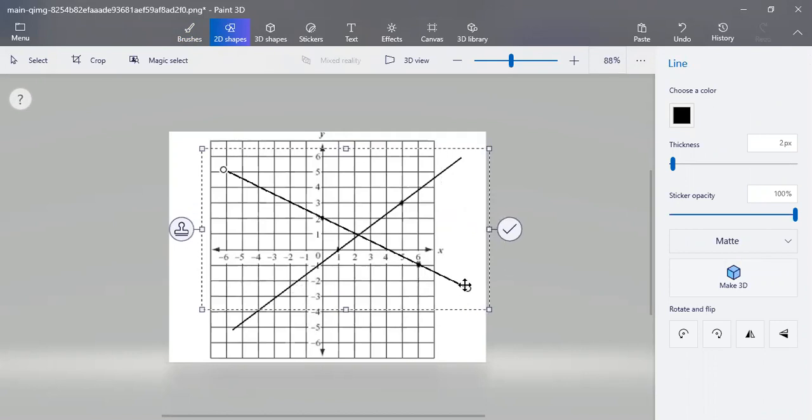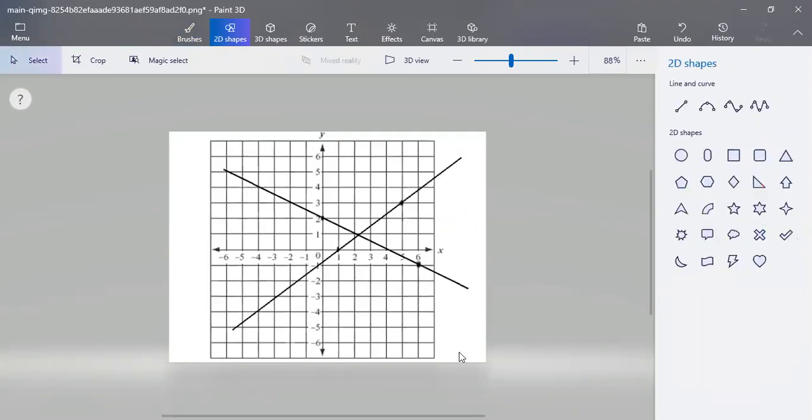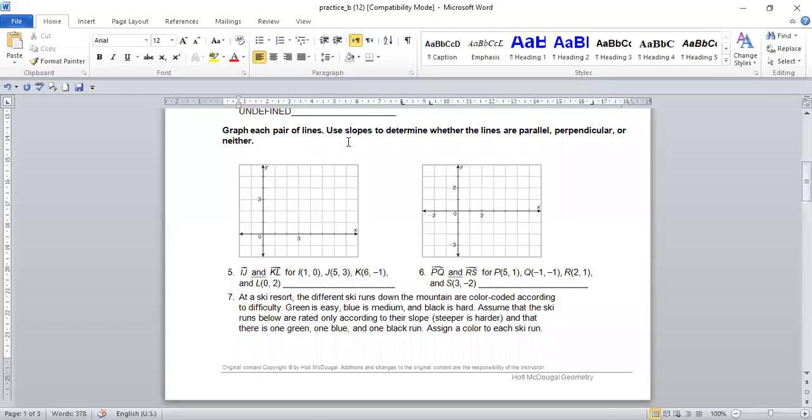Now, from the graph, you can see that they are of course not parallel, and they are not perpendicular either, because these don't make 90 degrees. This is common sense, because perpendicular lines must make 90 degrees. So once you draw the graph, you can understand it.